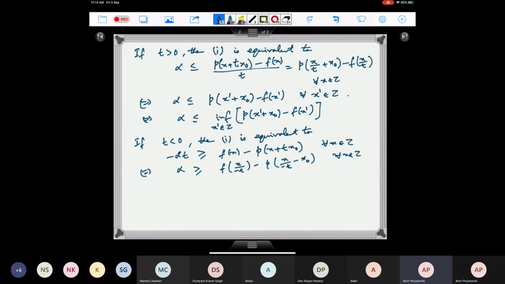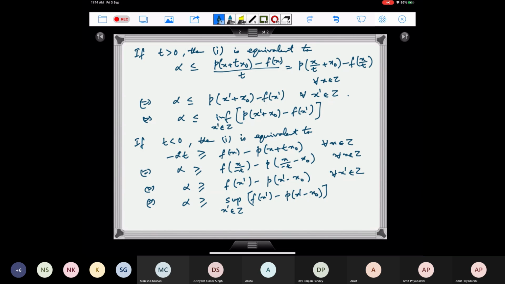So this is equivalent to alpha is bigger than or equal to f of x prime minus p of x prime minus x naught for all x prime in Z. So if alpha is bigger than or equal to the supremum of f of x prime minus p of x prime minus x naught, x prime belonging to Z, then it will be bigger than or equal to this for all x prime.